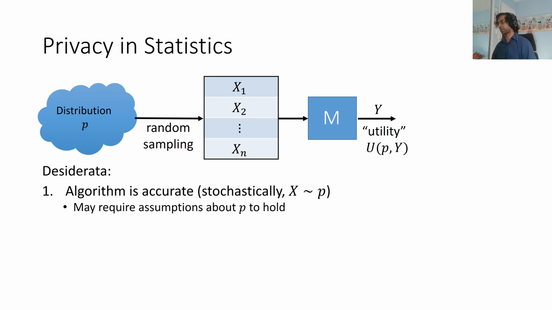For example, sometimes we need the distribution to be Gaussian. And today, what do we mean by a utility guarantee? Today utility means that the algorithm is going to produce, say, an estimate of the mean, mu hat, and we want this to be close to mu, the mean of the true distribution. We want these two to be close in L2 norm.